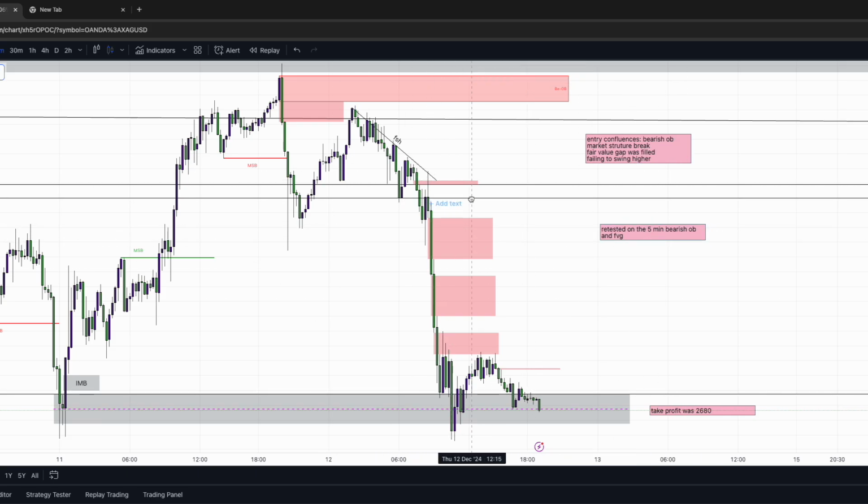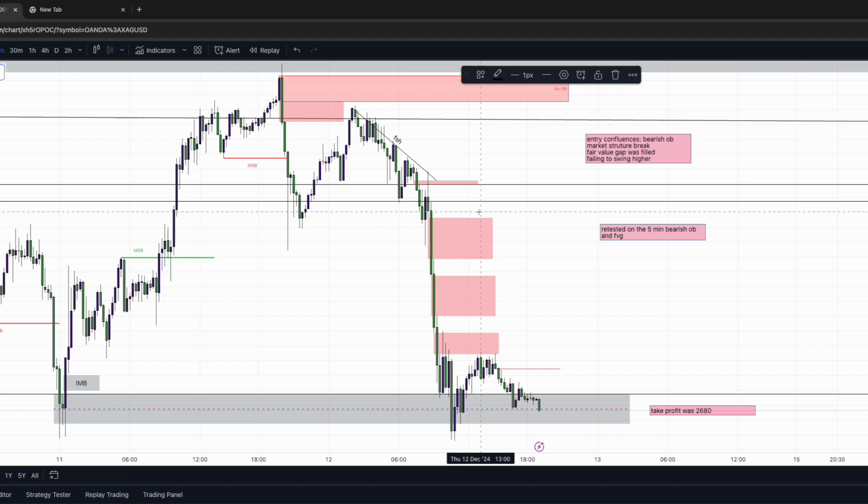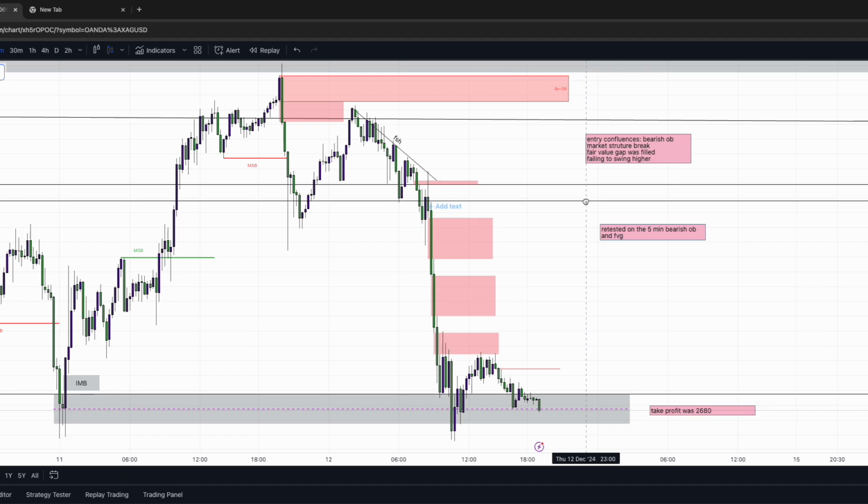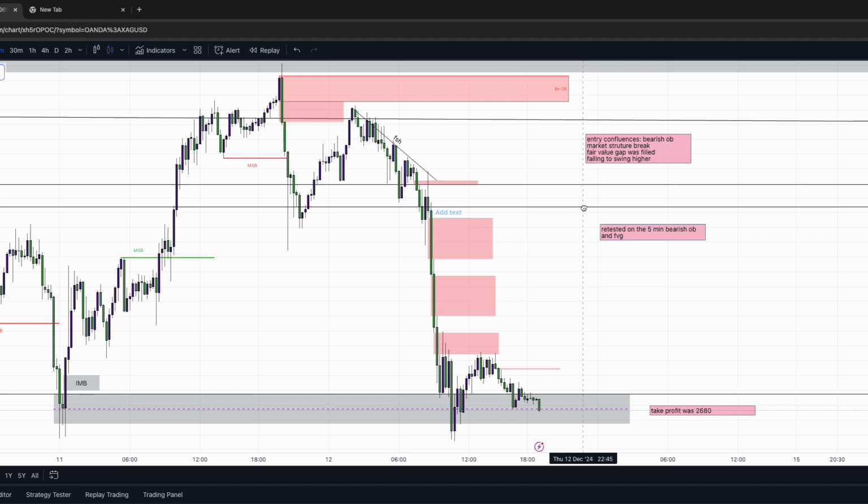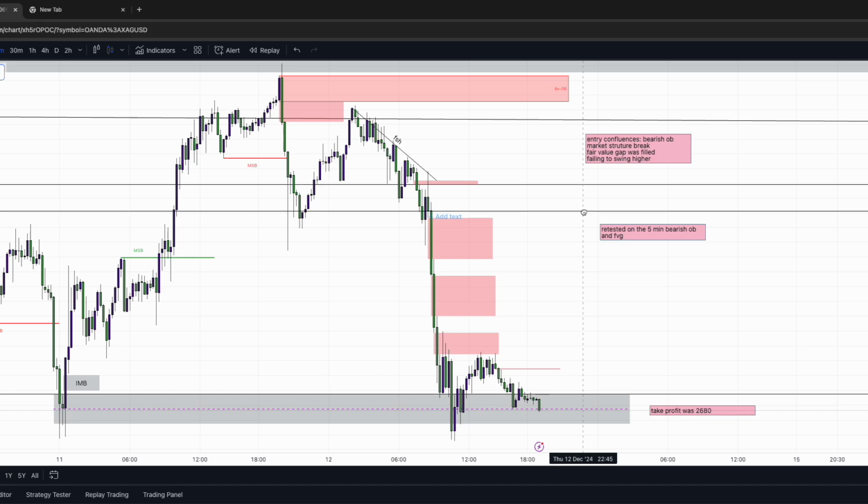Let me see exactly where I entered, to be honest, because I'm very impulsive. Once I saw that it retested and touched my area, I'll just get in. So my entry was 2706.30. So around here is my entry.